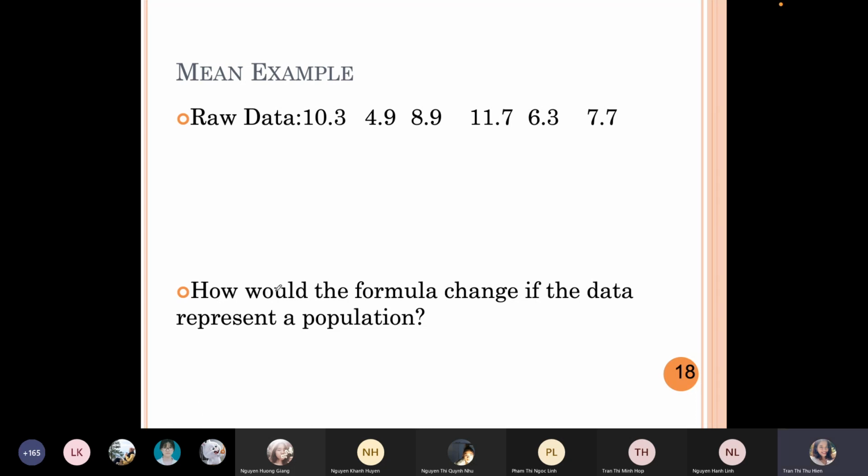Okay, we have an example with 6 observations here. Can you help me find the mean? You can type your answer in the chat box. What is the mean for the data set?